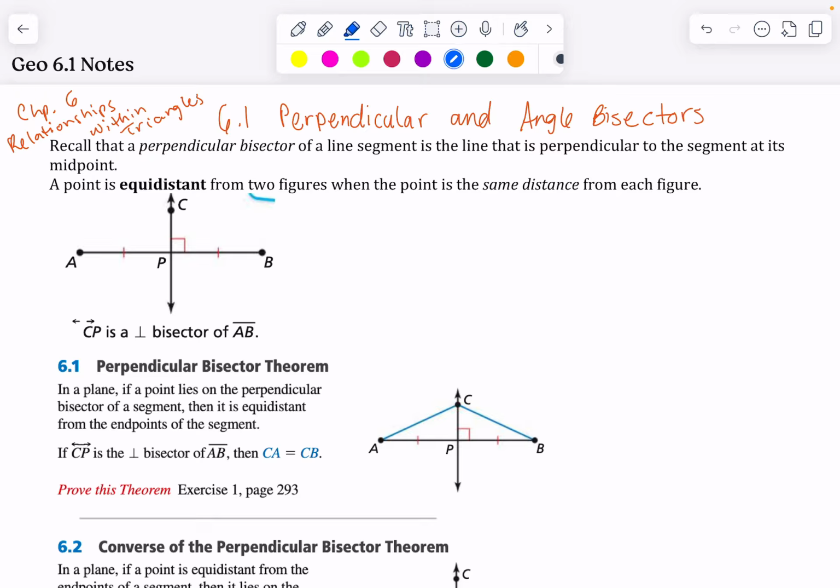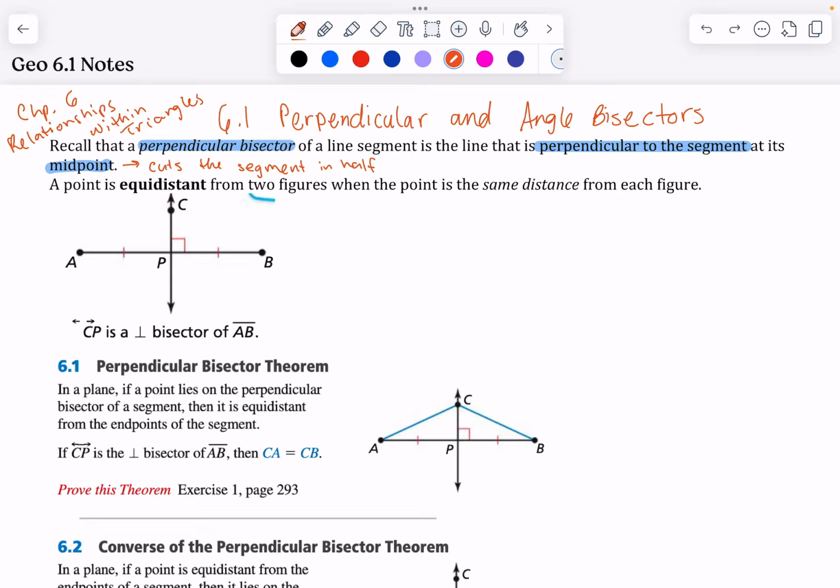So, remember from previous lessons that a perpendicular bisector of a line segment does two things. It is perpendicular to the segment, and it is perpendicular at the midpoint, which in other words means that it cuts the segment in half into two equal pieces. And you can see that represented with this diagram right here.